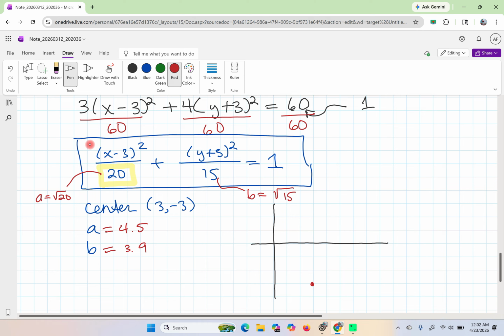And because the a value is under x, then I have a horizontal ellipse.